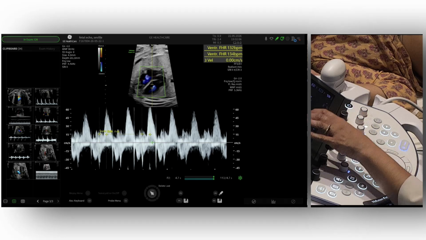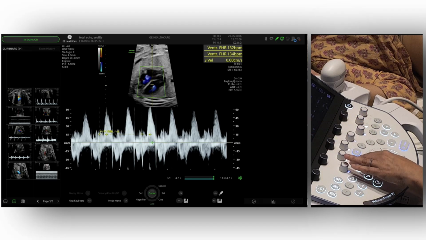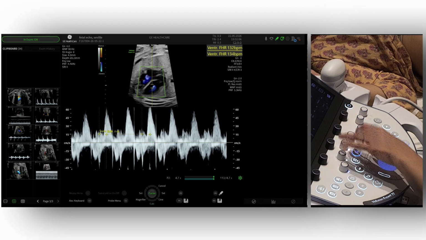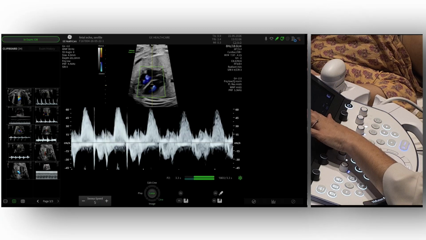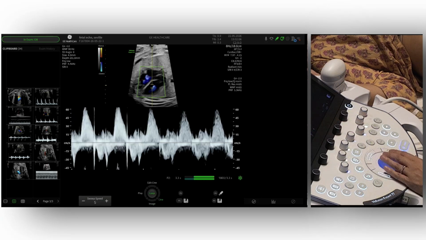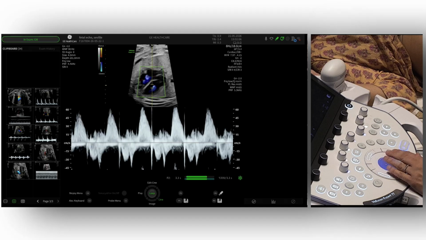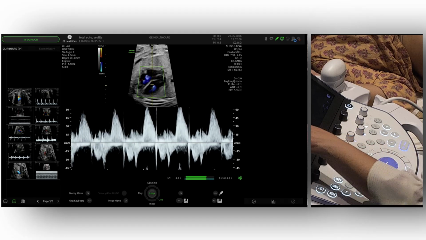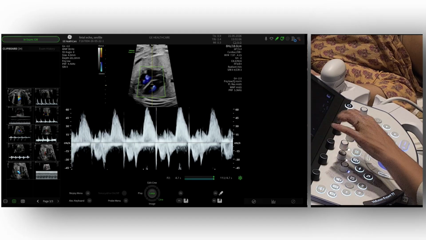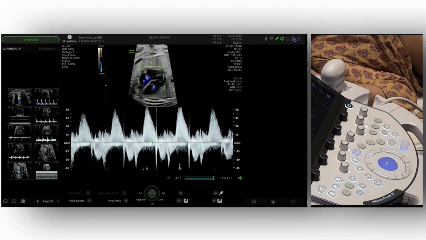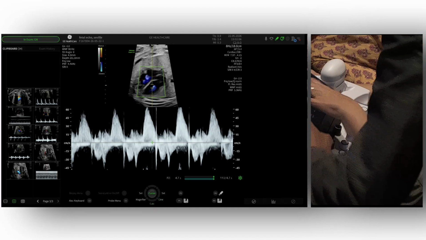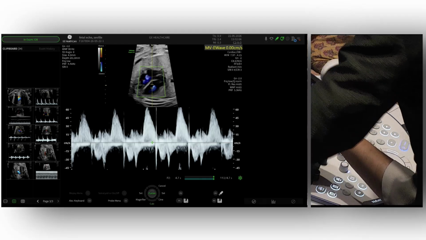And then, very importantly also, let's see if I can close this and increase the sweep again, not that much, and maybe come, for example, here. And then we can measure some time intervals, just to measure normal timing in fetal echo.